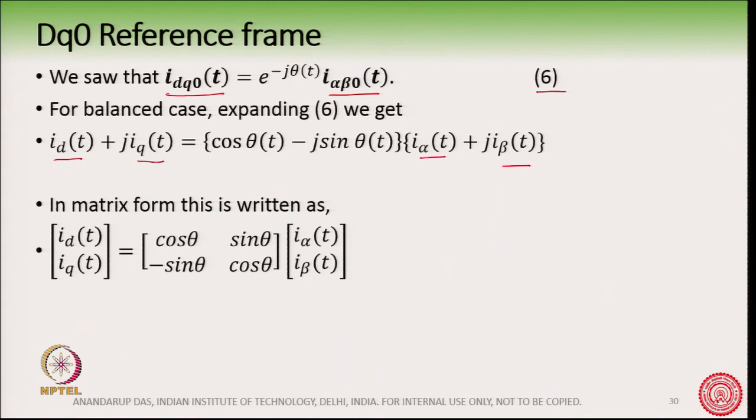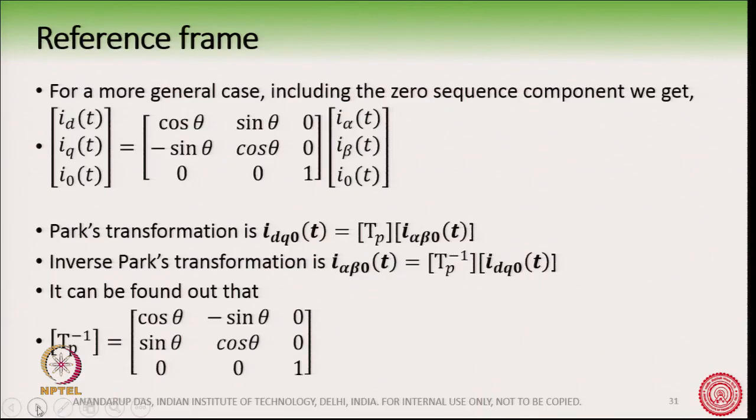In matrix form this can be written like this. So, this matrix will help you to transfer from the alpha beta 0 plane to the dq0 plane. In fact, the total matrix is this one, including the 0 sequence component.